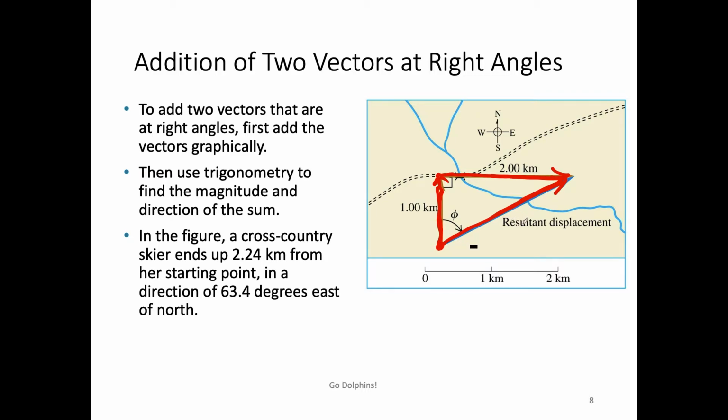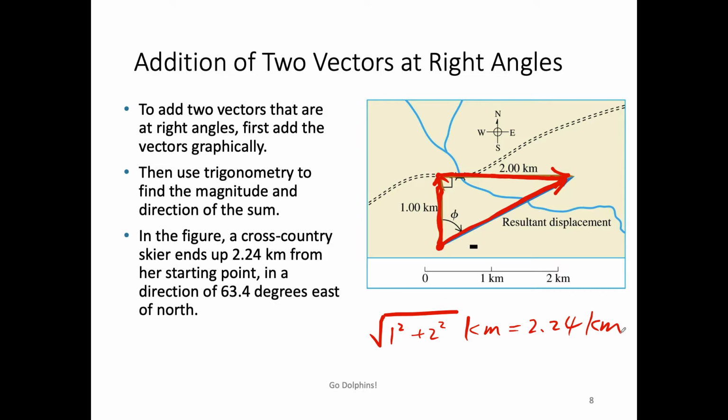So you can calculate the magnitude of your movement. If we recall what we learned in trigonometry, this is a hypotenuse with 2 legs, one leg 1 kilometer and another leg 2 kilometers. So the hypotenuse should be the square root of 1 squared plus 2 squared kilometers, or 2.24 kilometers.